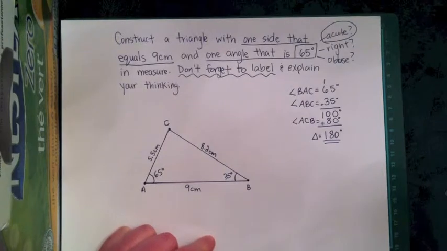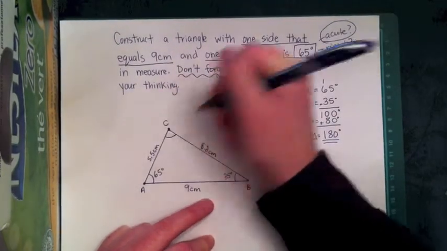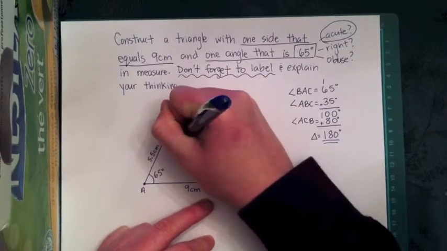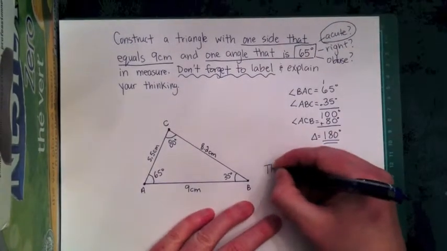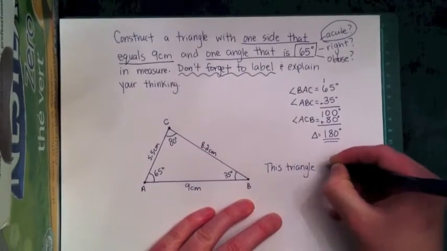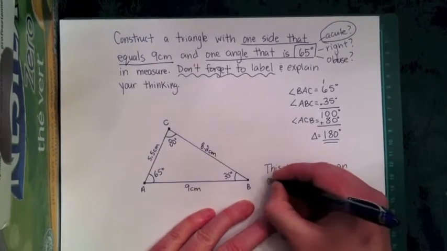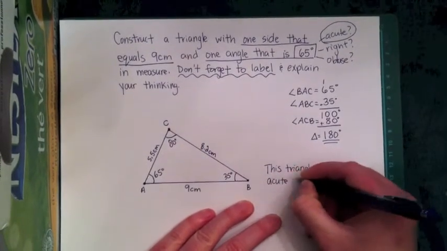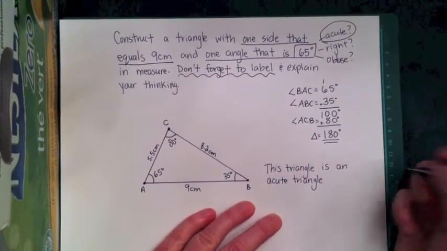Now, what can I tell my reader about this triangle? Well, I can say that this triangle is an acute triangle. Why?